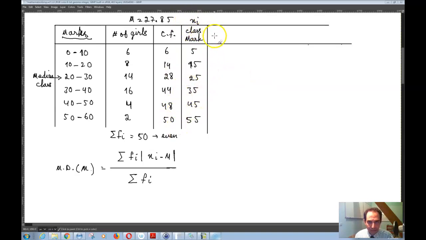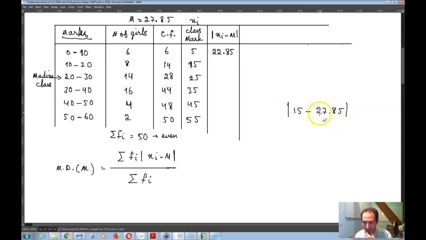So now the absolute value of x of i minus m: 5 minus 27.85 is negative 22.85, which in absolute value becomes positive 22.85. 15 minus 27.85 is negative 12.85, which gives 12.85.